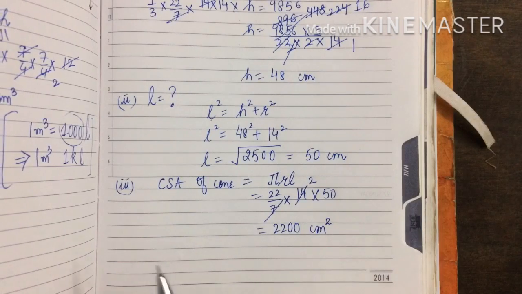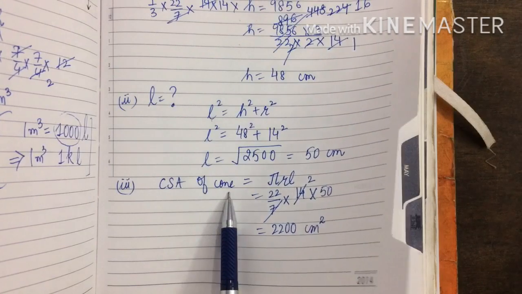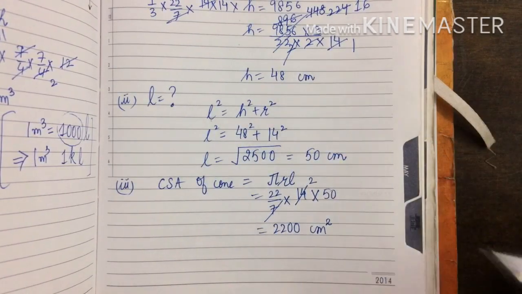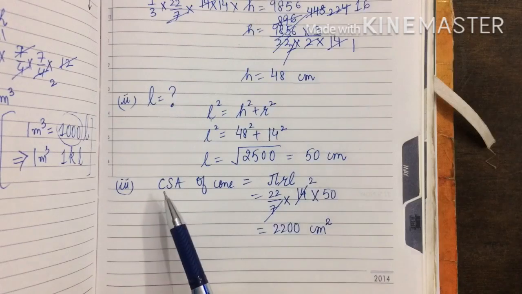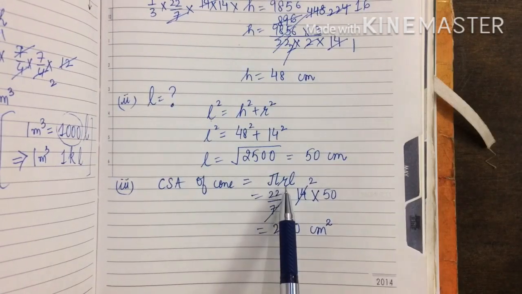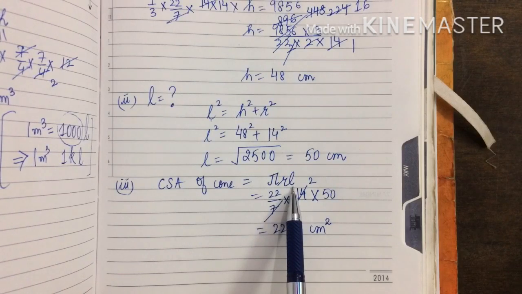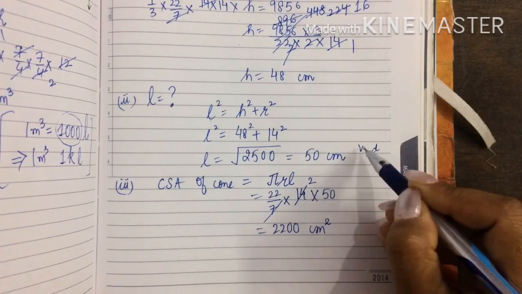Now in case the question is directly the curved surface area, then you would have to do the first and the second parts yourself. If the volume and the diameter are given and you have to find out the curved surface area, you would know that you need to find out the slant height. To find out the slant height, use the volume and diameter.